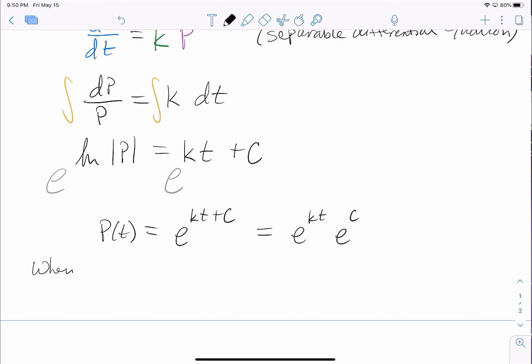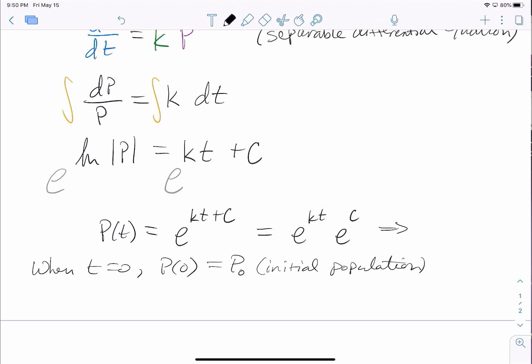If we let t equal 0, we end up with P of 0, which we're going to refer to as P sub 0, the initial population. Since in our expression e to the kt times e to the C, if we let t equal 0, e to the kt is 1.